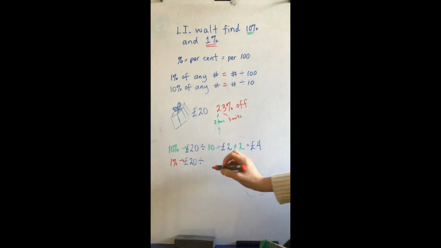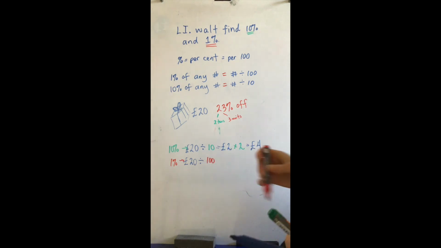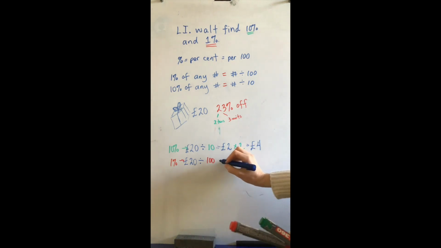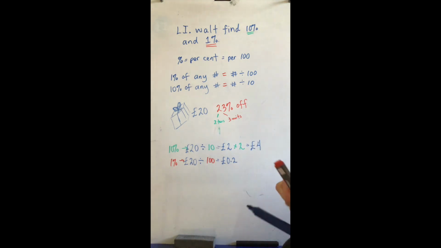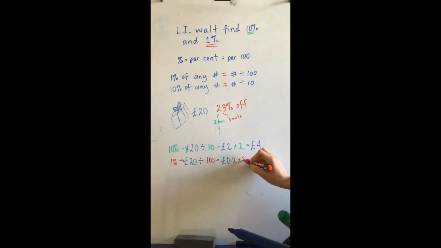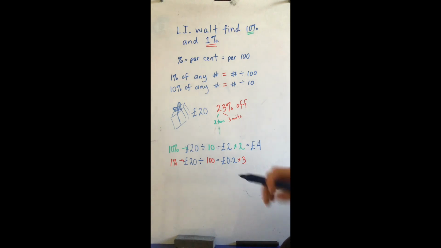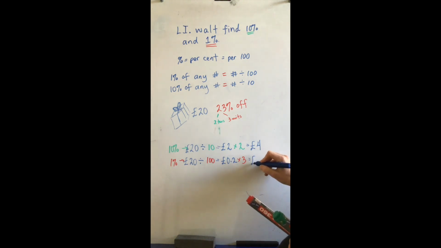So we divide 20 by 100, and I'm going to end up with 0.2 pounds or 20 pence, but I need 3 of those. I need 3 units, so I multiply that by 3, which is 60 pence.